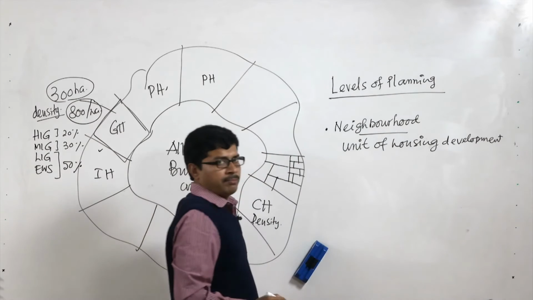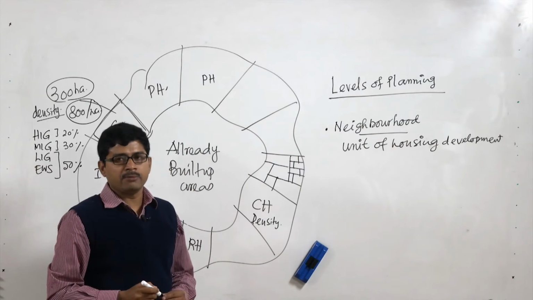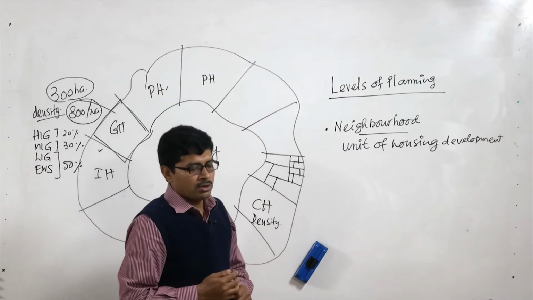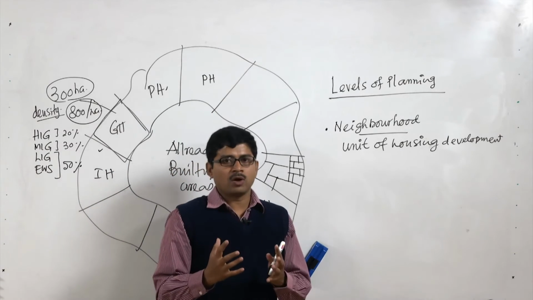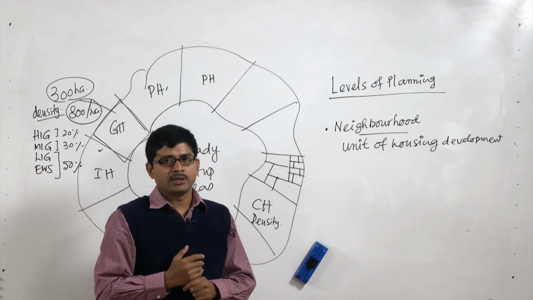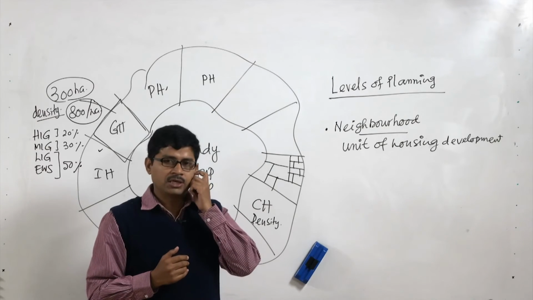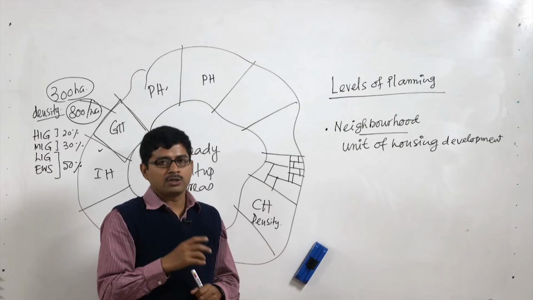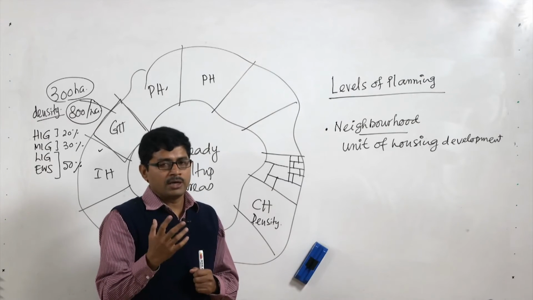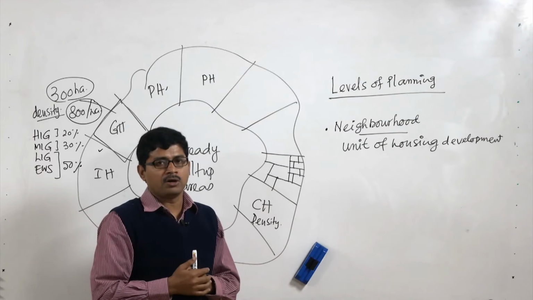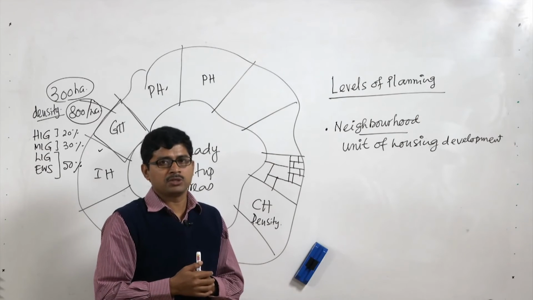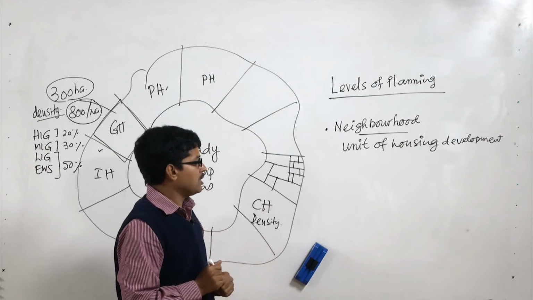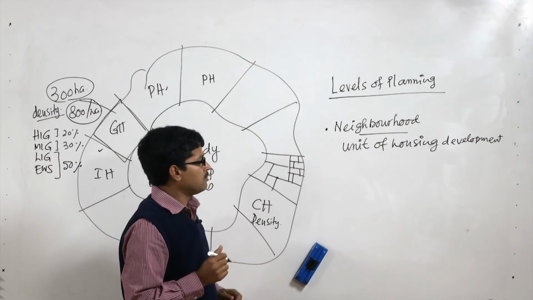By and large, one neighborhood is determined by a community or a settlement that shares a common facility. In the traditional cities of India, you have seen names like mahalla or para, or different local names, which are nothing but the neighborhood in our Indian cities. So, Indian cities have various units.